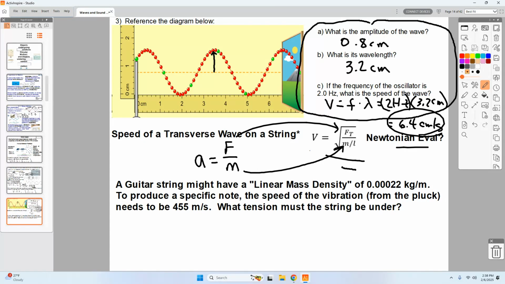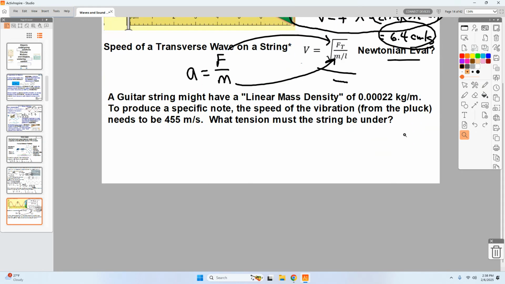So for this particular instrument, for them to tune it, they needed to change the tension so that the speed at which the disturbance propagates sets up a wave that oscillates at a certain frequency. We'll study that in more detail with standing waves. If I want to determine the tension, I would go back to this equation. The velocity at which that transverse wave travels is equal to the square root of the tension force in that string divided by the mass per unit length.